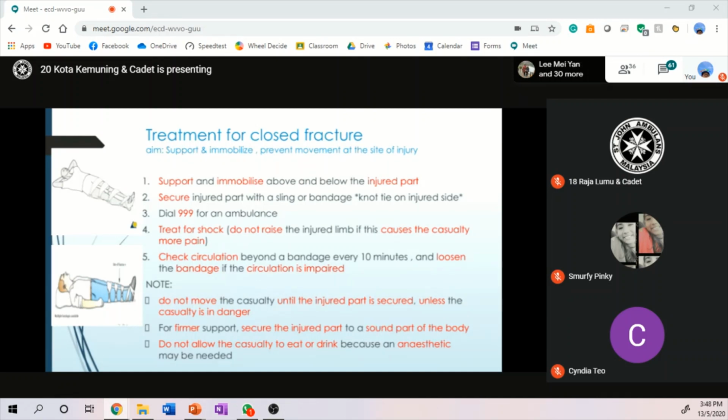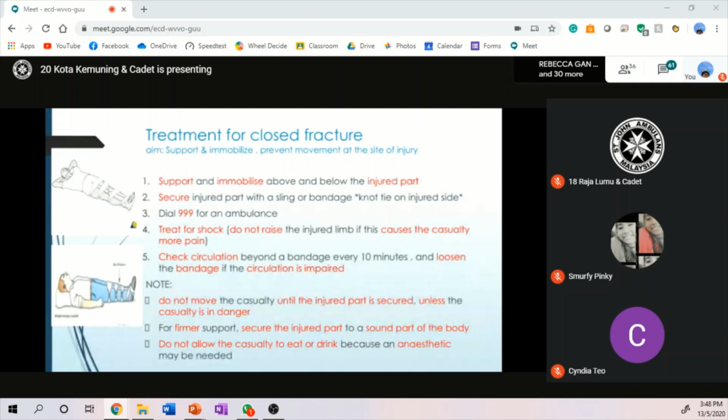For firmer support, you can make the immobilization more stable. For example, if the casualty's left leg is injured, you can tie the left leg with the right leg together with a bandage.